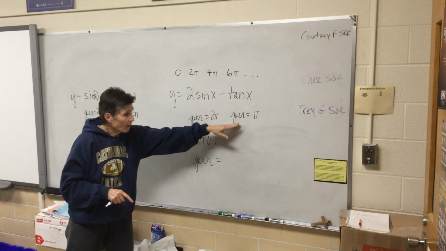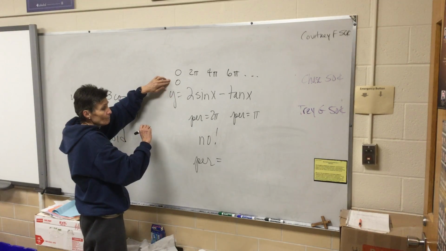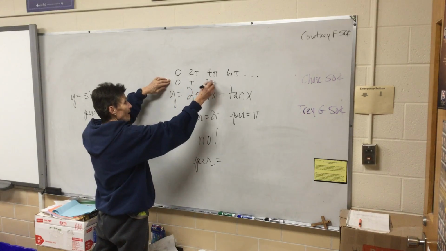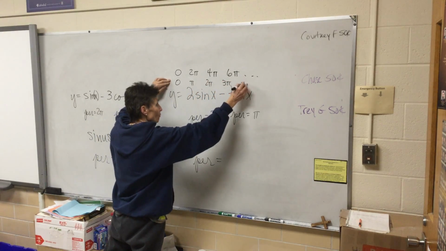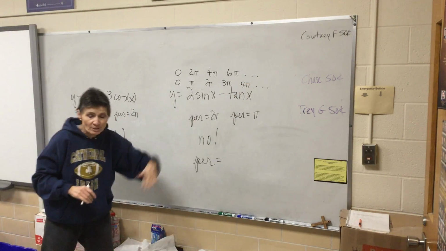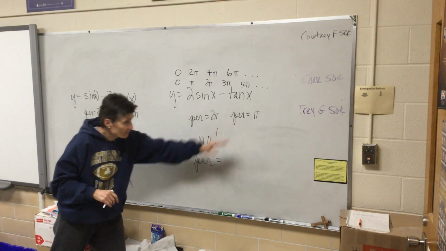Now, this one repeats every pi. So it starts at 0, starts over again at pi, and then at 2 pi, and then at 3 pi, and then at 4 pi. So every pi, the tangent starts over. That's what it means to have a period of pi.